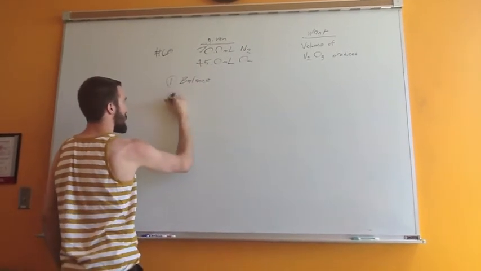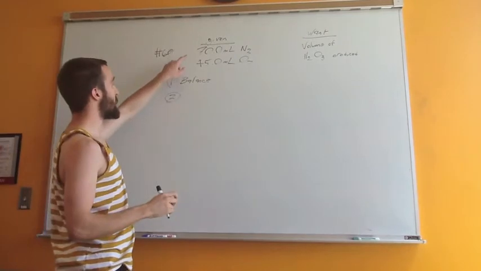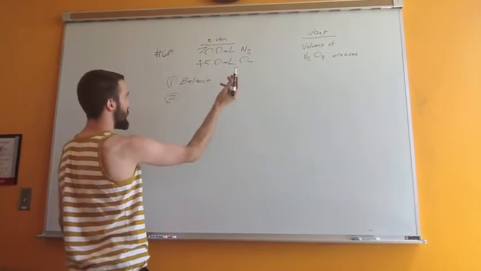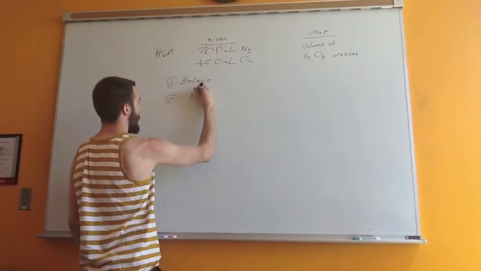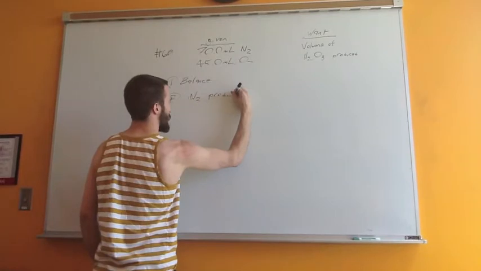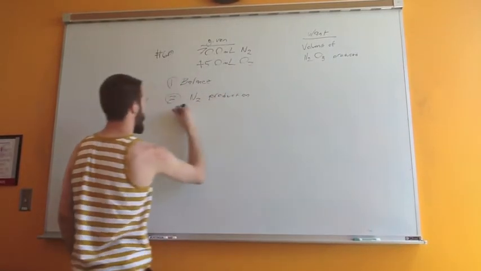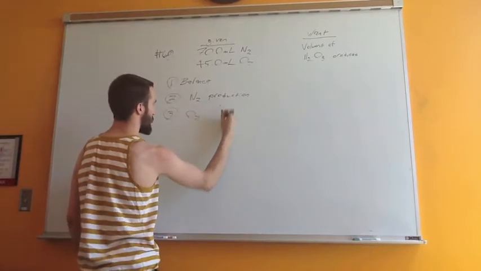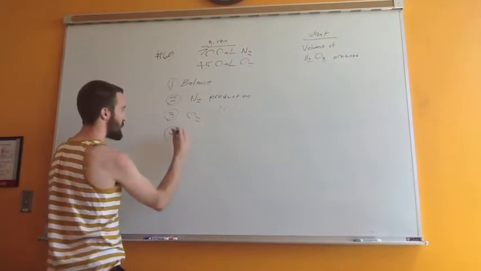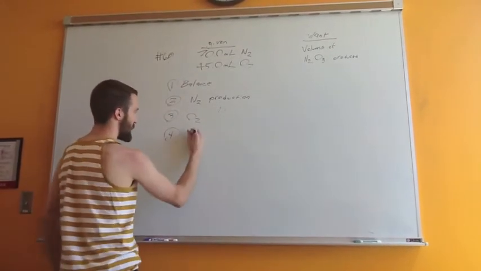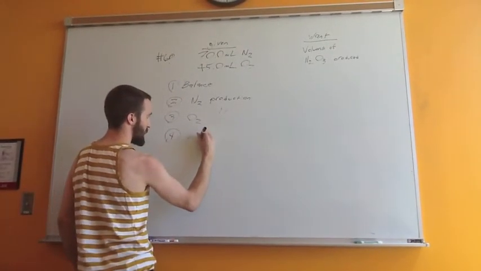Two is to calculate the amount produced from the nitrogen gas, N2. The third step is the amount that the oxygen produces. And the fourth step will be stating which one has the lesser amount, and that will be our final answer.